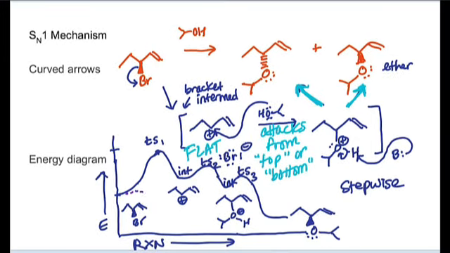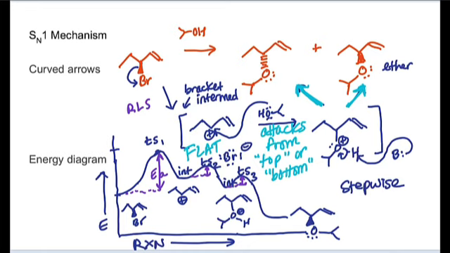Another thing I wanted to point out while we're here is that the activation energy for this first step allows us to see that that hump is a lot larger to get over than either of these other two activation energies. So that's telling us that activation energy number 1, in getting to the first transition state, is our rate limiting step.